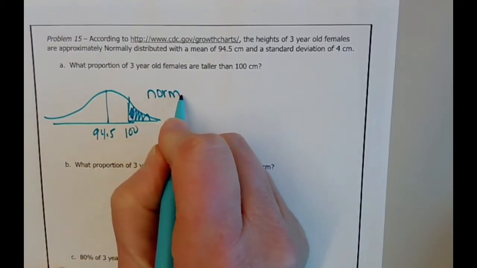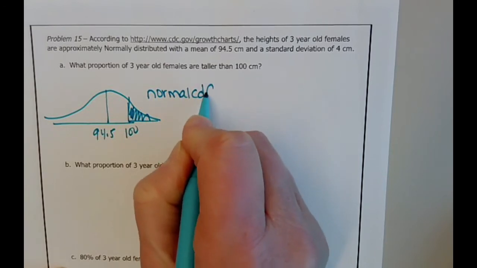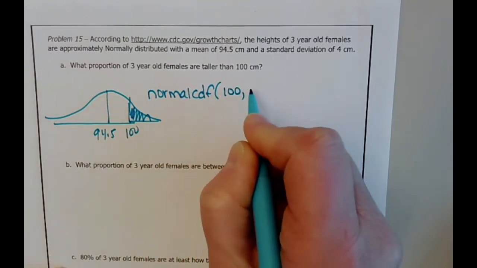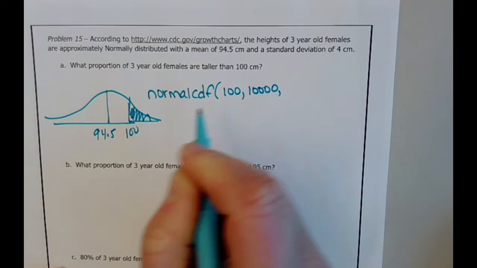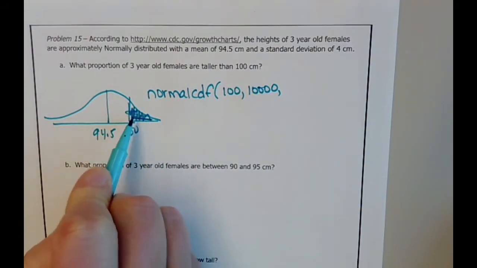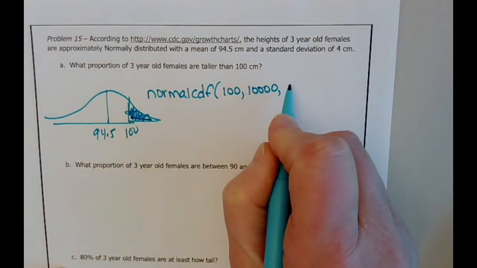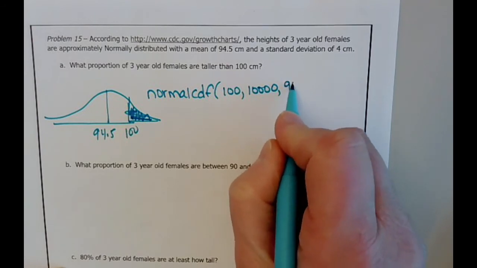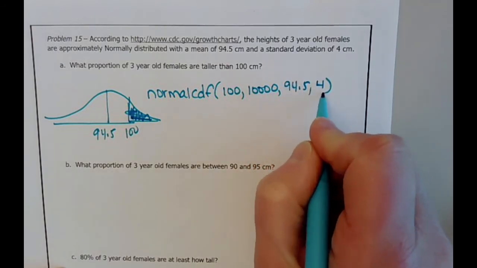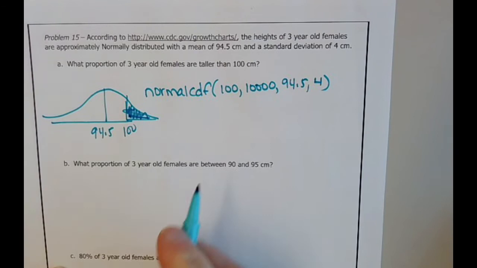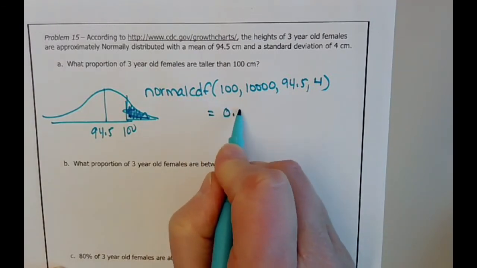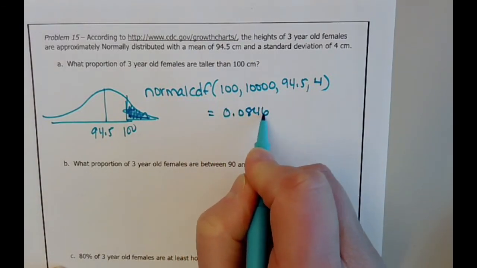Normal CDF, 100 is my minimum. My maximum is going to be 10,000 because I'm going to the right. Anytime I go to the right, and then my mean is 94.5, my standard deviation is 4. And I get about 0.846.